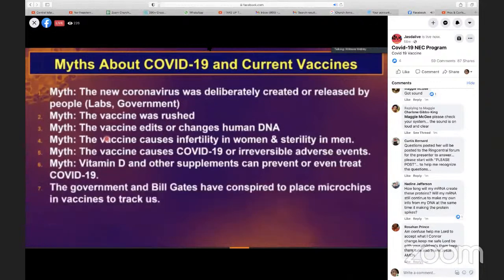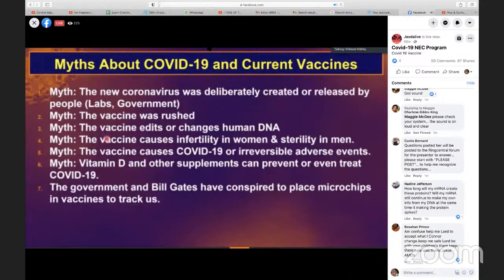That the government and Bill Gates have conspired to place microchips in the vaccines to track us. Absolutely not true. If the government needs to track you, all they need to do is to tap on the device that you actually are using to connect right now, right? I mean, it would be silly for them to waste time trying to put microchips into multi-dose vaccines. Remember, each of these vials contain enough for either 5 or 10 doses of the vaccine.